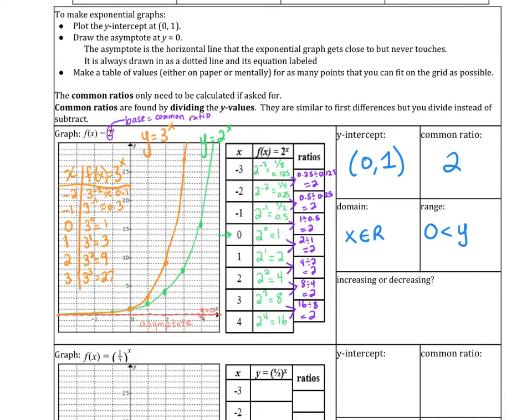But the graph continues all the way up, it would just keep going, so there's no upper bound. Our lower bound is 0, but it's just greater than 0. And then y ∈ R, of course, just means that the graph is continuous, there's no breaks. y could be any number that is greater than 0. This graph is increasing.